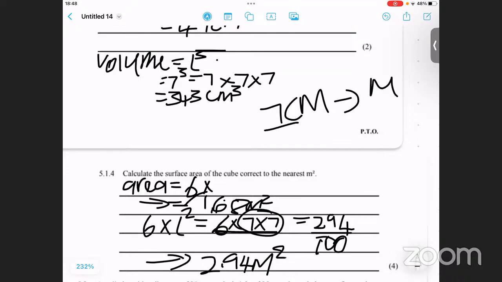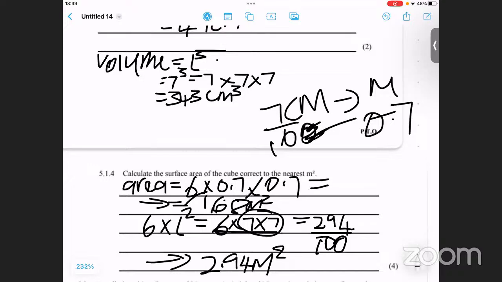So it's going to be 7 divided by 100, which is 0.07. Wait, you divided by 10, not 100. So now you say 6 multiplied by 0.07 multiplied by 0.07. Then you're going to get the same answer as this one. Let me try to verify it on my calculator.